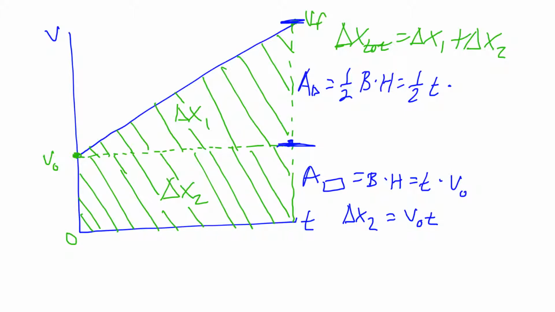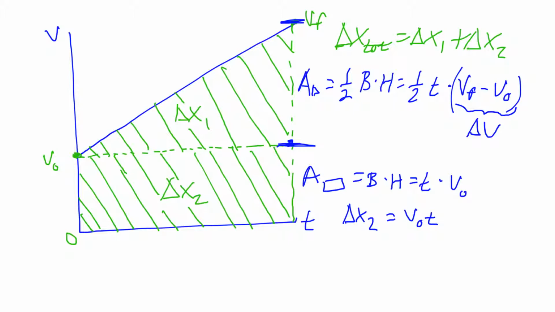To get that change in distance, we have to subtract. So that's going to be v final minus v initial. Looking at this v final minus v initial, we can say that that's delta v.